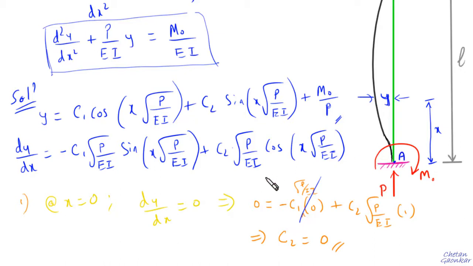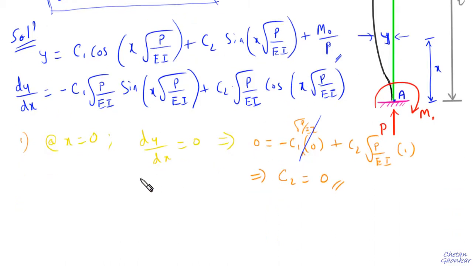Let us take the second boundary condition. The second boundary condition tells us that at x equal to 0, y is 0. But c2 is 0, so what will y be now?